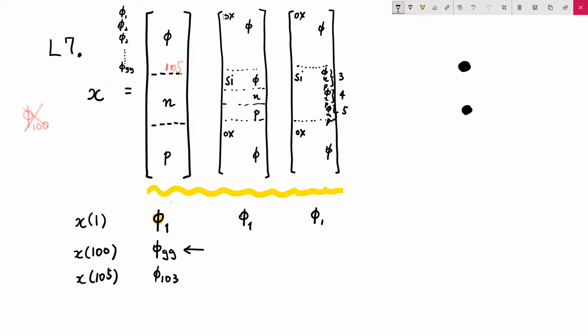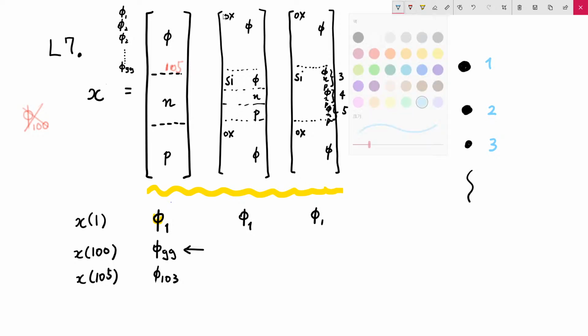Here we have vertex number 1, 2, and we will have more points like 3 and so on. Let me introduce the end of the silicon region here, and that will be 102.